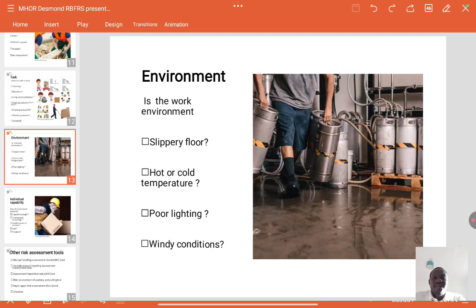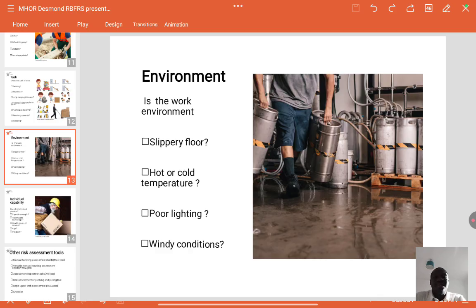Now let's look at the environment. You can see that the environment itself could also be hazardous and be a concern for causing injuries. In this case, it is covered under the Manual Handling Operations Regulations when you are undertaking manual handling operations in an unsafe environment and you get an injury carrying the load.